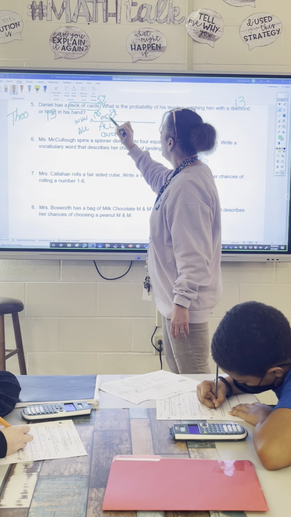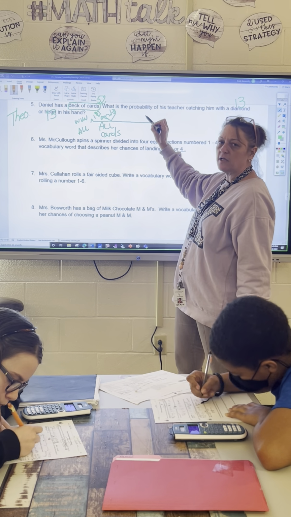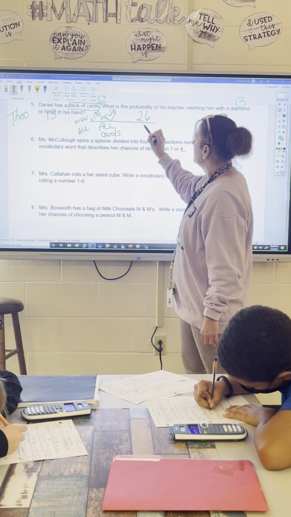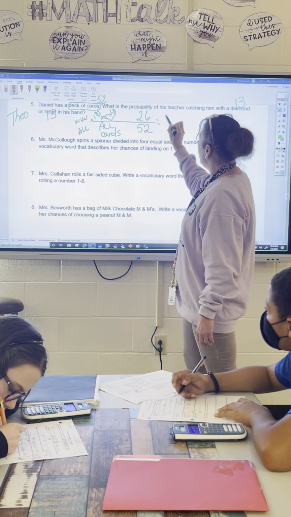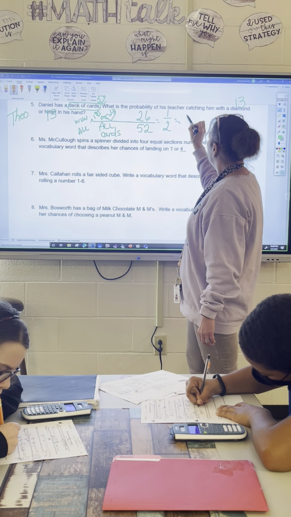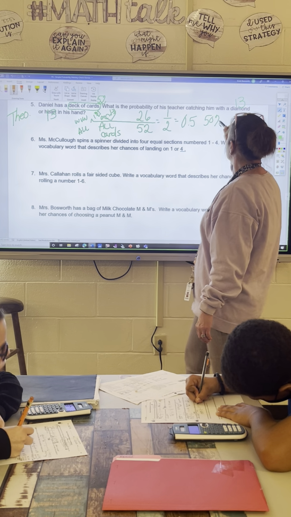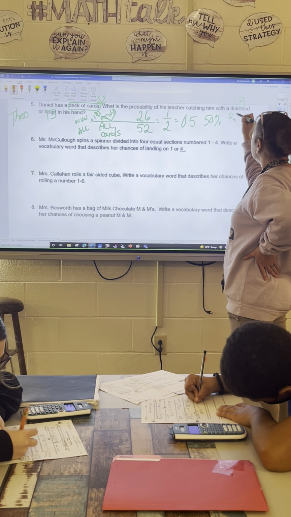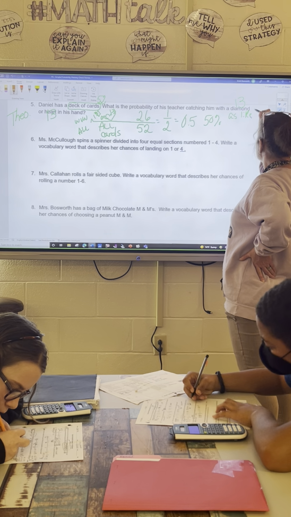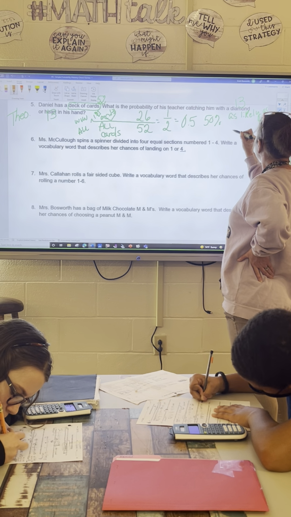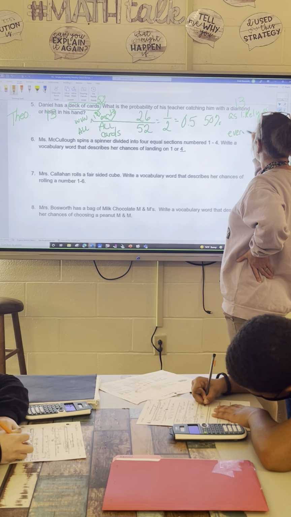There are 13 hearts. So how many cards am I looking at? 26. I want out of how many? 52. When you simplify that, you get 1/2, which is 0.5, which is 50%, which is as likely as not, which is an even chance.